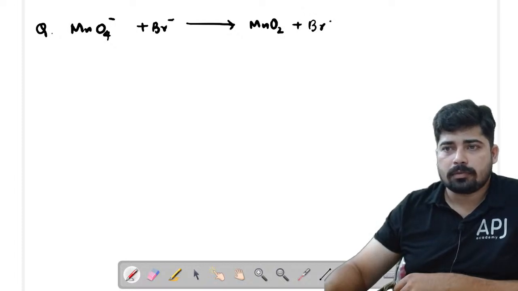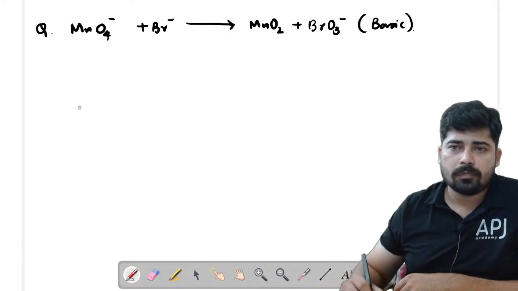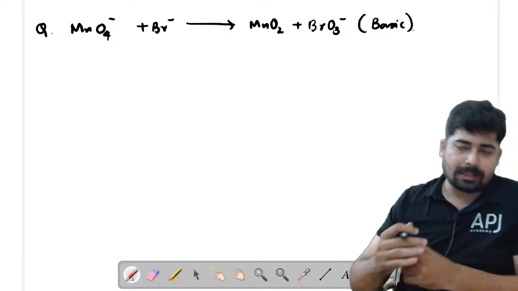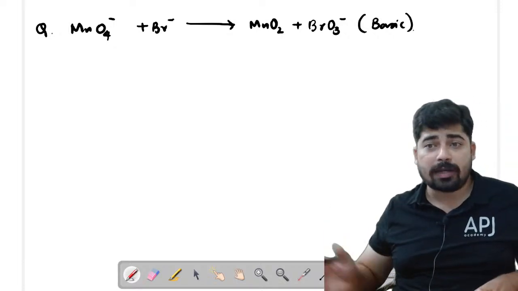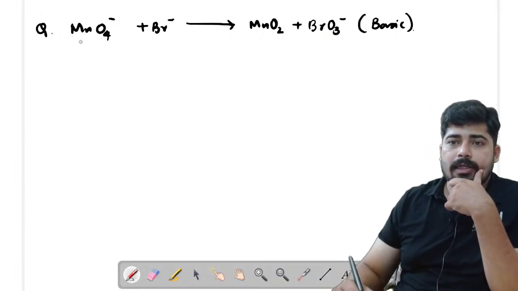And this we are doing in basic medium. Remember, in basic medium you cannot use H+ in order to balance. Instead we have to use OH- to balance the hydrogen. Okay, so let's check here.